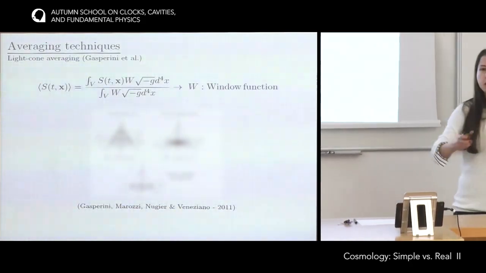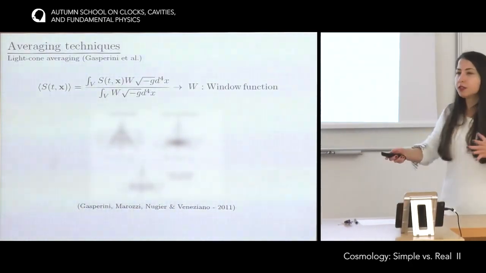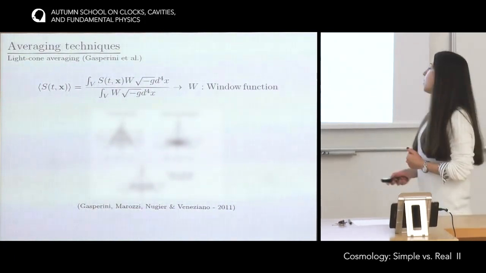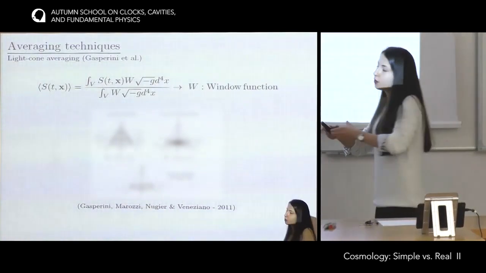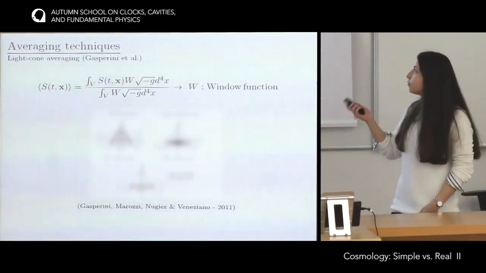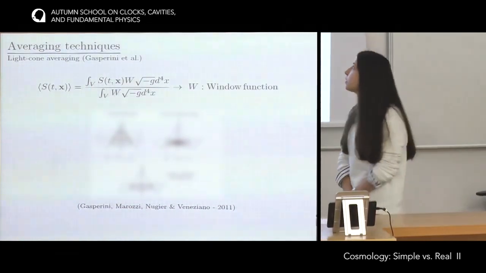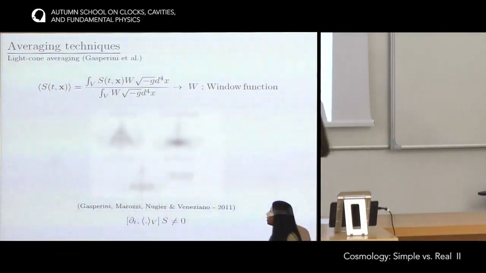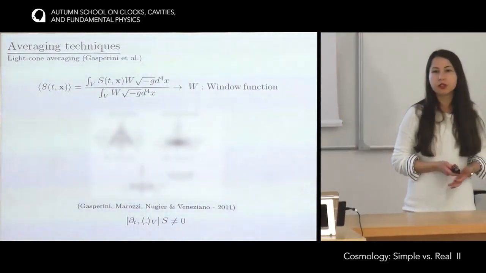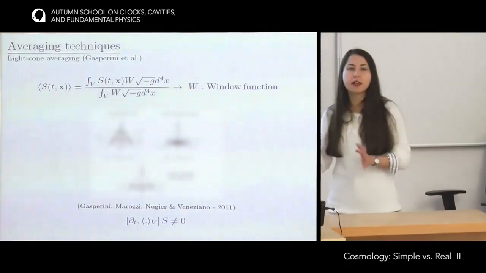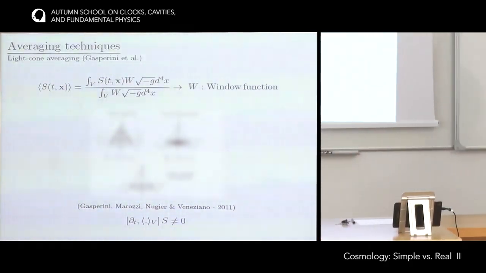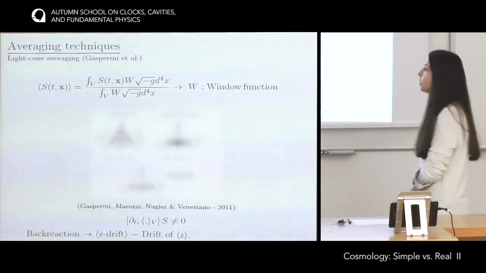You can do the averaging on these causally connected spheres embedded on your light cone, or you have this two-sphere embedded in the light cone, and you can do the averaging with a clever window function you choose. So again, there's a non-commutativity of the evolution operator and the averaging procedure, and that gives you the back reaction term that I was talking about.